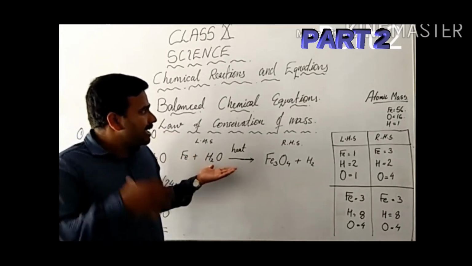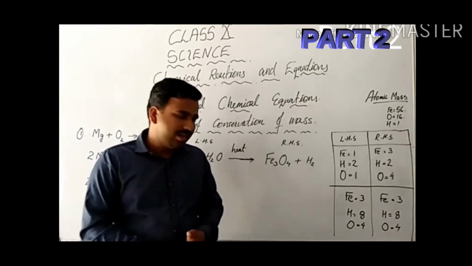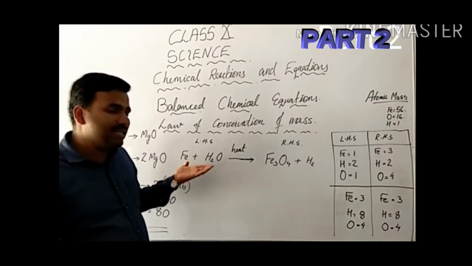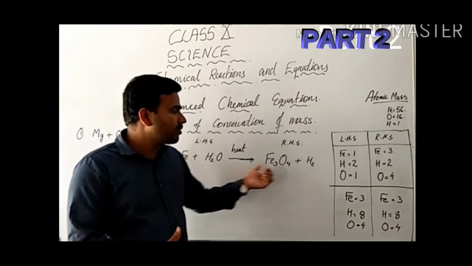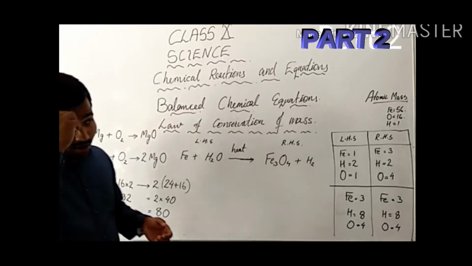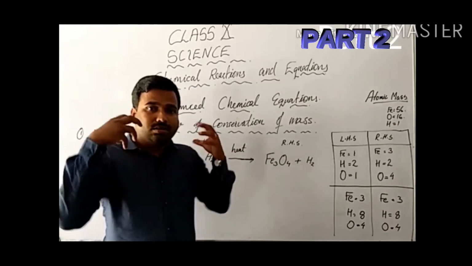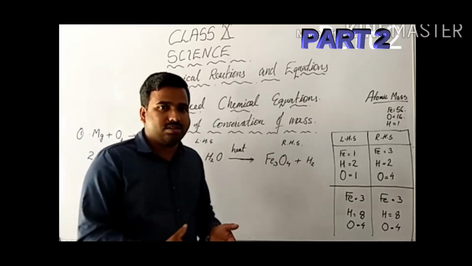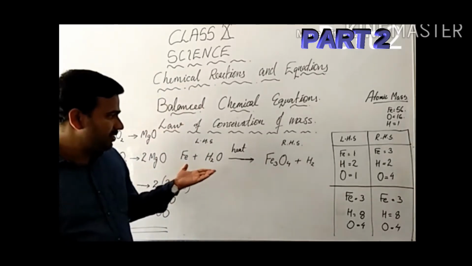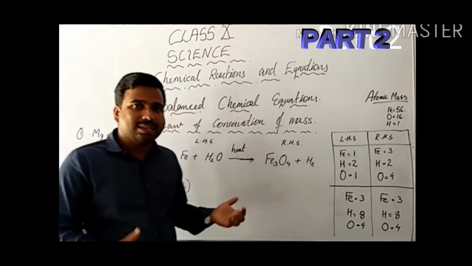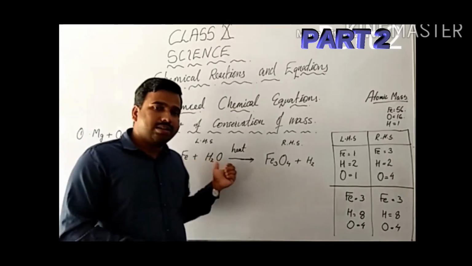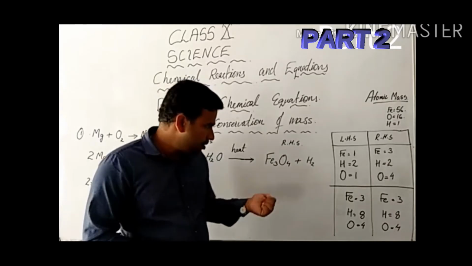When we come to chemical equations more deeply, we use symbols or chemical formulas of compounds to show what has happened in that particular chemical reaction. We are expressing the entire process by using symbols of elements and chemical formulas of compounds.